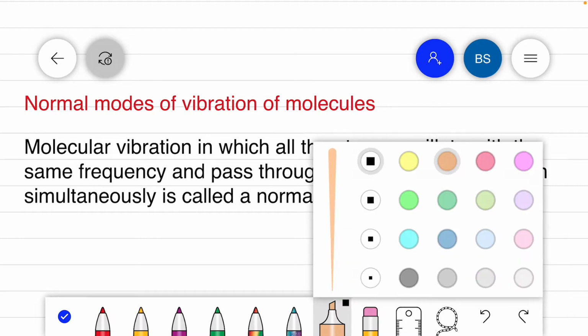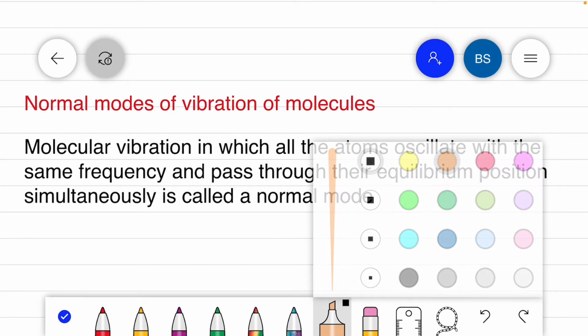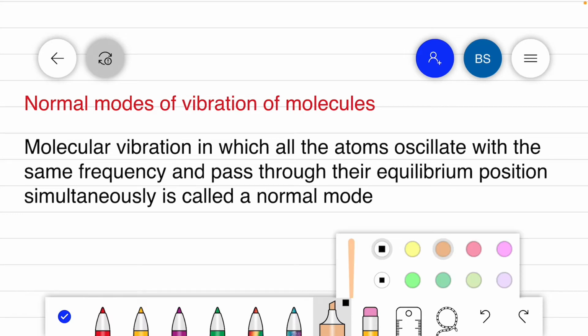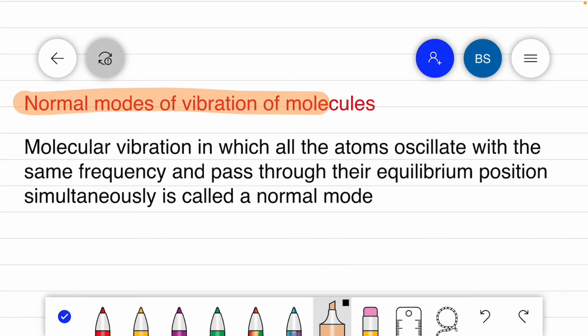But in the case of polyatomic molecules, there is more than one kind of vibration, and we refer to these modes of vibration as normal modes. So let's consider a molecule consisting of n atoms, which has multiple normal modes of vibration.